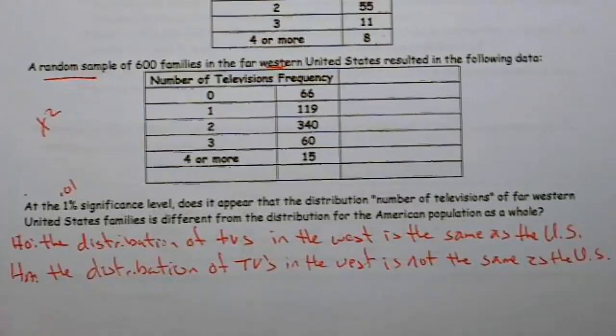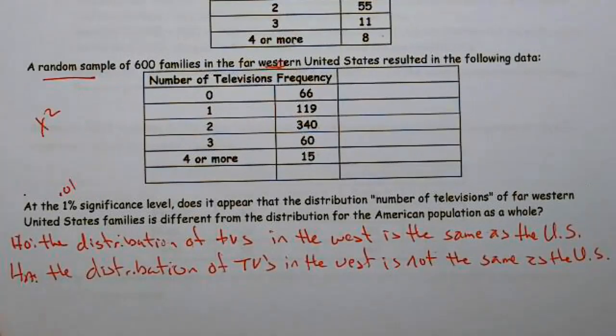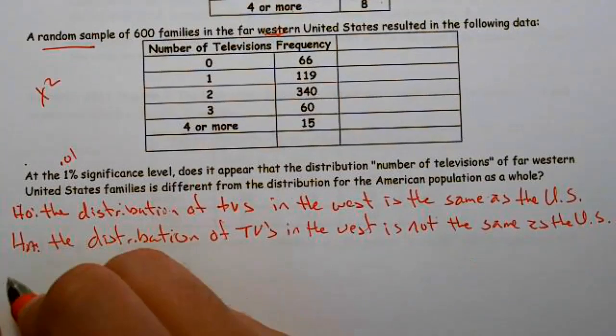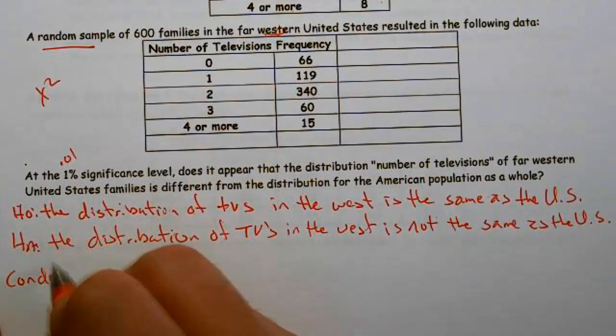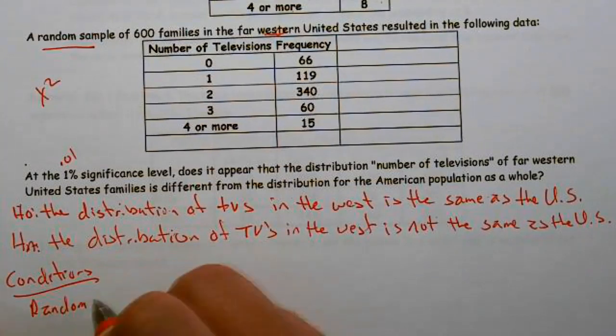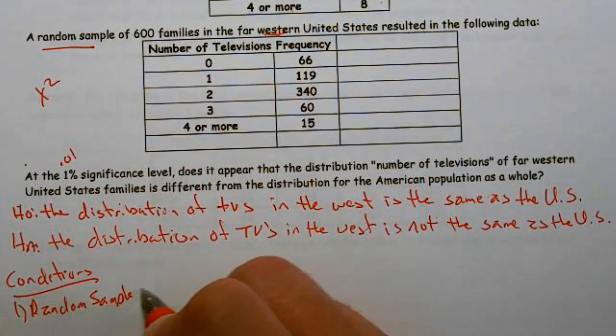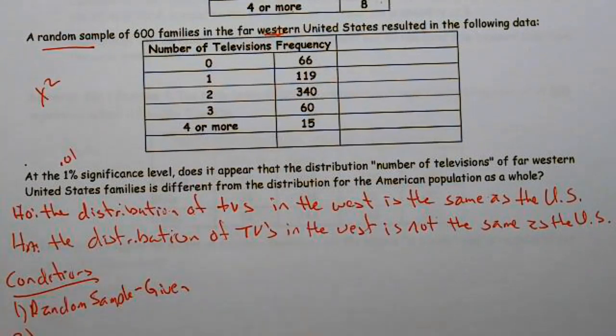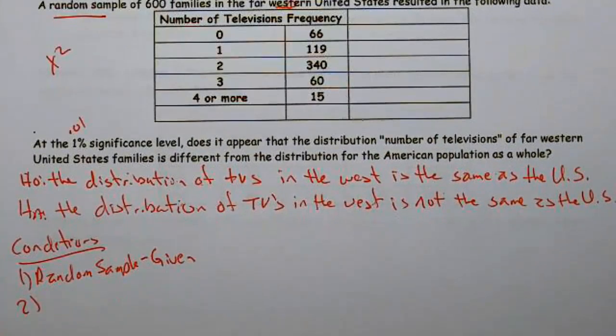All right. So the distribution is the same or is not the same. So then we get to our conditions. And we have random sample, and they actually gave that to us. So random sample is given.